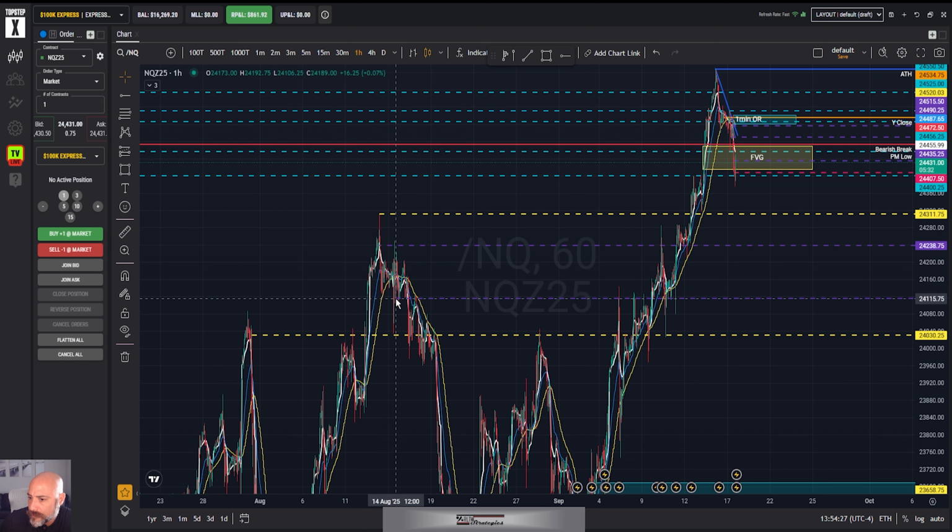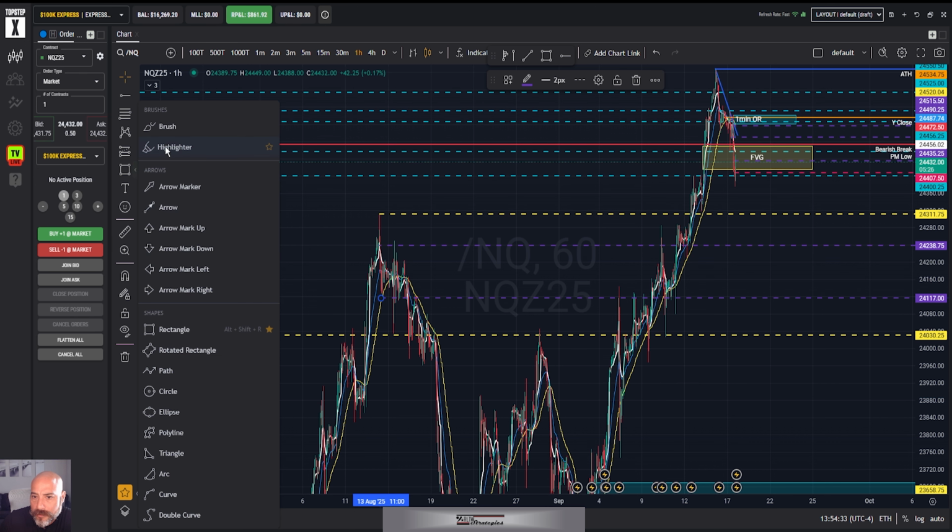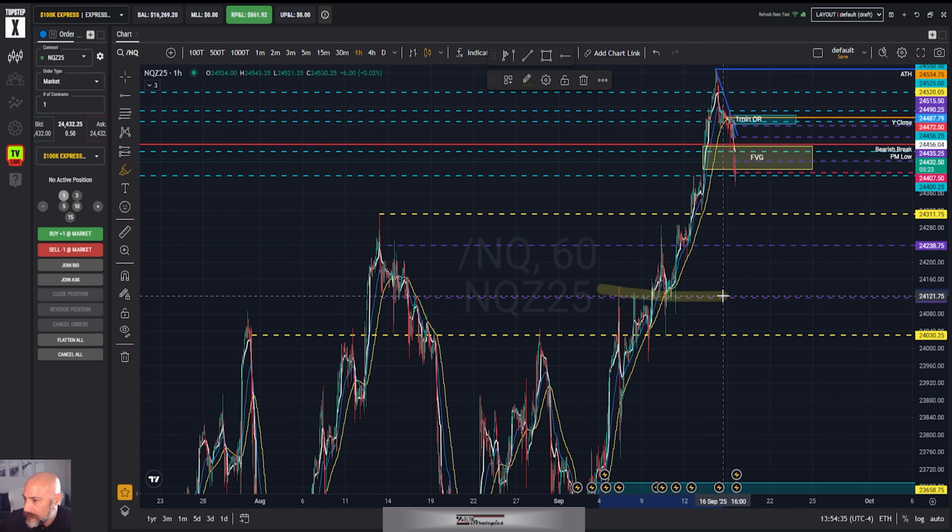And this one, we may come down to this area because it's an area of price action, right? Right here, and right here. This is another one down here. This is the intermediate level from this top to this action right here, right?